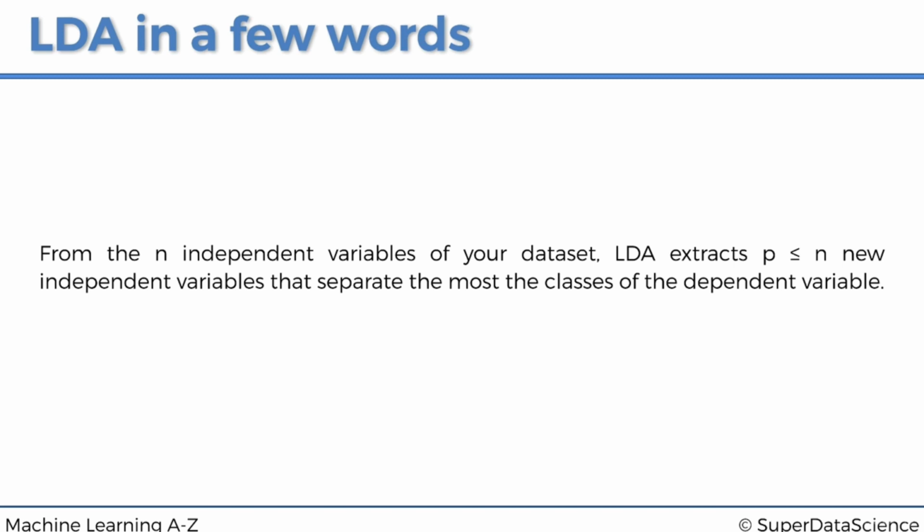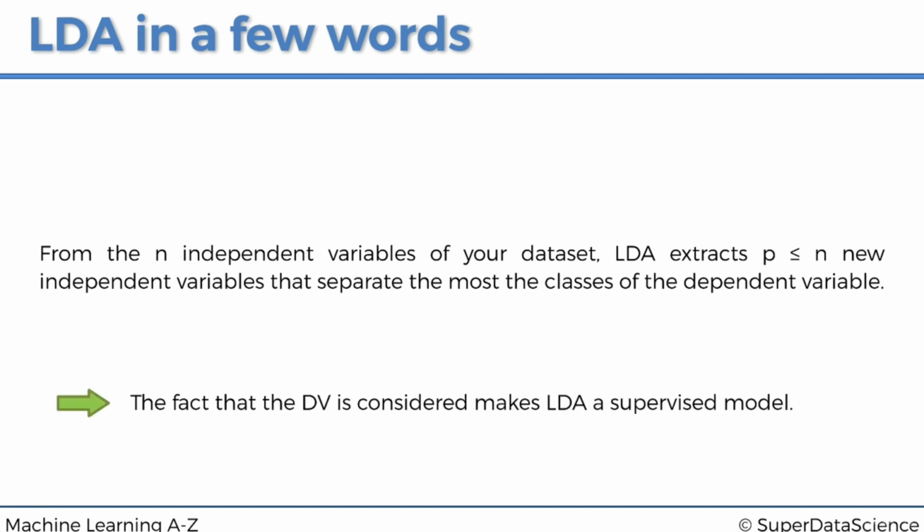We are extracting some new independent variables that will separate the most the classes of the dependent variable. And therefore, since this time it considers the classes of the dependent variable, that means that it considers the dependent variable to proceed to this feature extraction technique, and therefore that makes LDA a supervised dimensionality reduction model, as opposed to PCA that was unsupervised, because we didn't consider the dependent variable and only the independent variables.